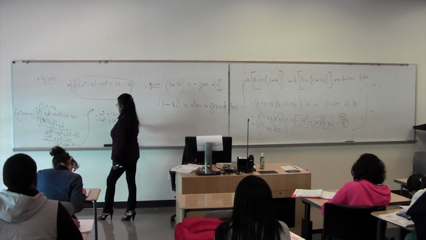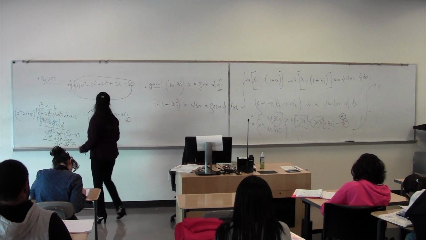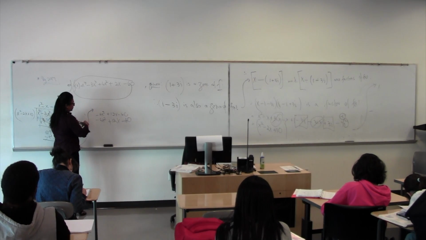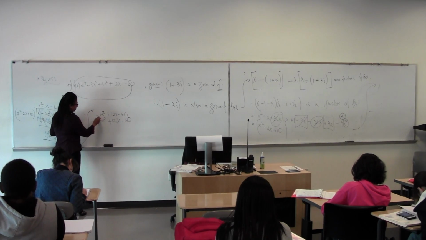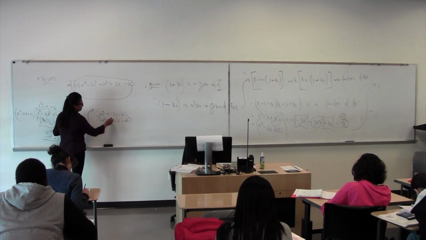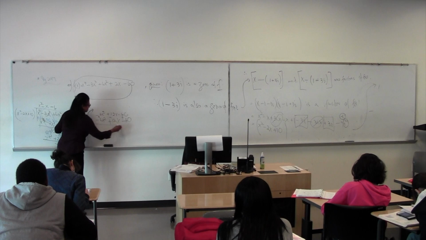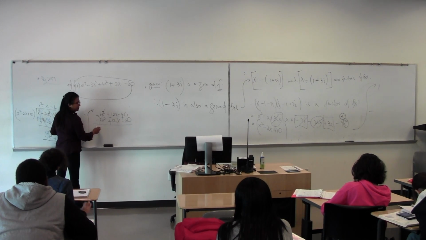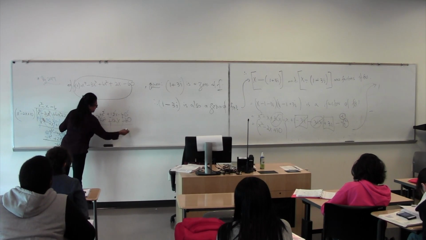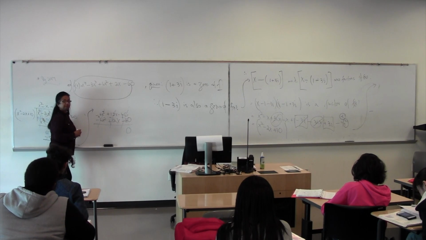Okay? Now what do you need to do? Change the signs. Positive, negative. These get cancelled, these get cancelled, these get cancelled, so 0.